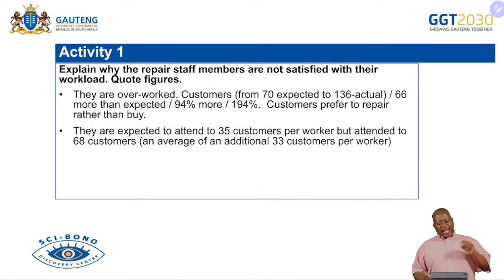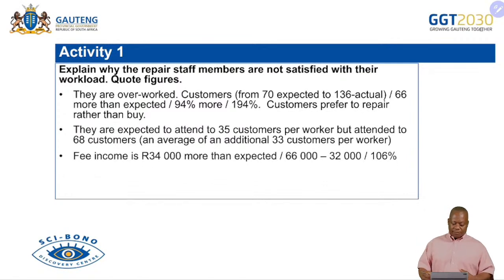Now, they are also expected to attend to 35 customers per worker, but they attended to about 68 customers, an additional of about 33. Oh, too much. Going to work expecting to serve only 35, ending up serving 33 more. So it means it's nearly double.